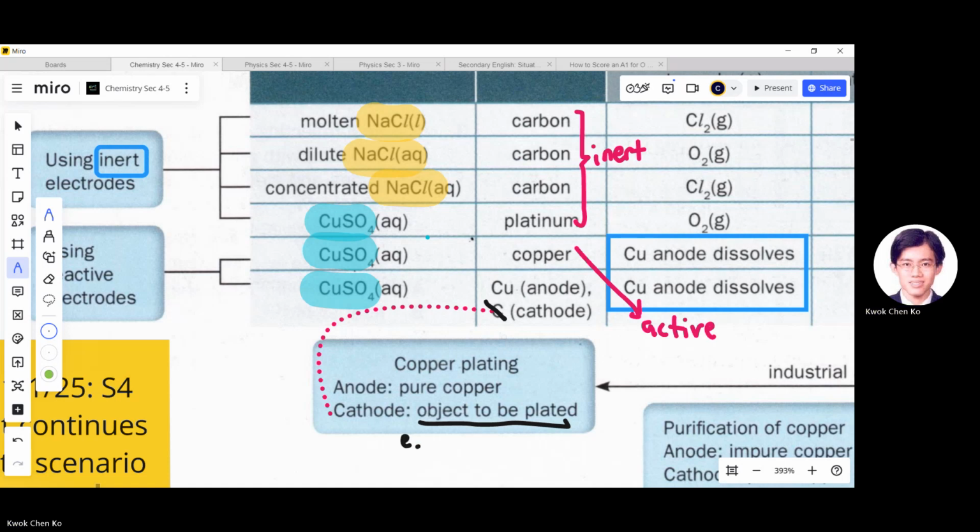For example, let's say you want to plate a steel fork. You want to plate it with copper, you can do that. Same thing, guys. Try to draw up scenario 6.